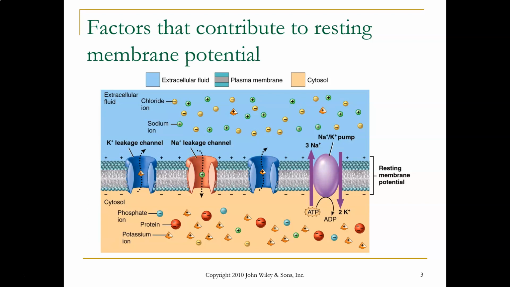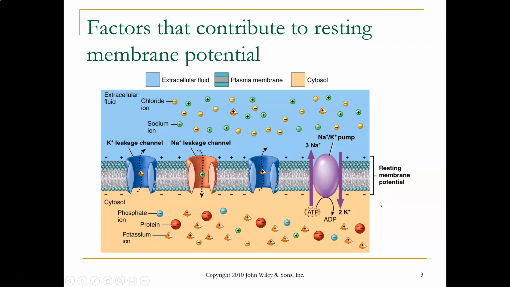So you put the two together and it's the pump and the leakage channels that are responsible for the resting membrane potential. Now, typically it's given as negative 70 millivolts. They just decided to give the charge on the inside of the membrane when reporting the resting membrane potential, hence the negative sign.